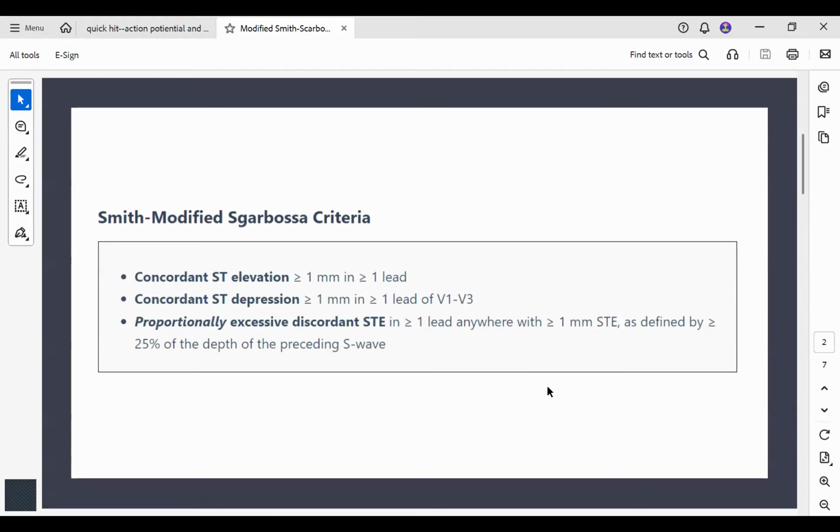I'm going to show you a bunch of visuals because this sometimes gets a little bit confusing for folks. They'll talk about concordant elevation and concordant ST depression. They'll also talk about proportionally excessive discordant, right? These slides are also available live in the fast lane.